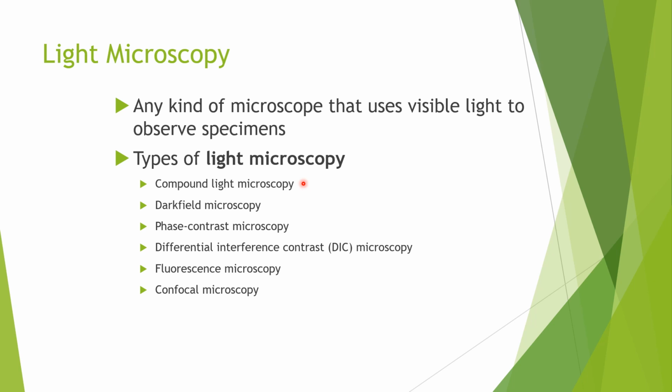In our microbiology lab, we use the compound light microscope, the microscope used in university and college settings. But there are different types of light microscopes out there: the dark field, the phase contrast, the DIC, fluorescence, and the confocal microscopes. There are so many different types of light microscopes out there.